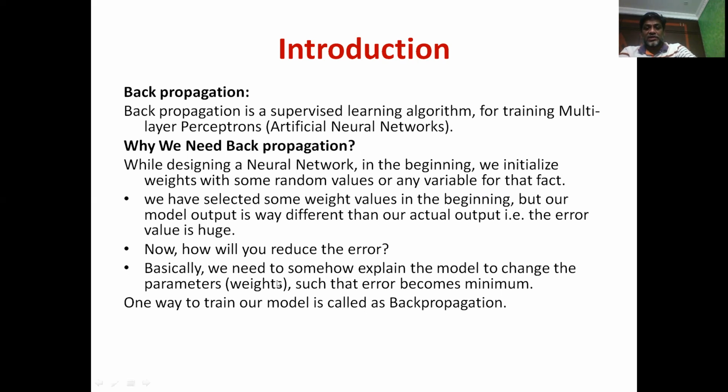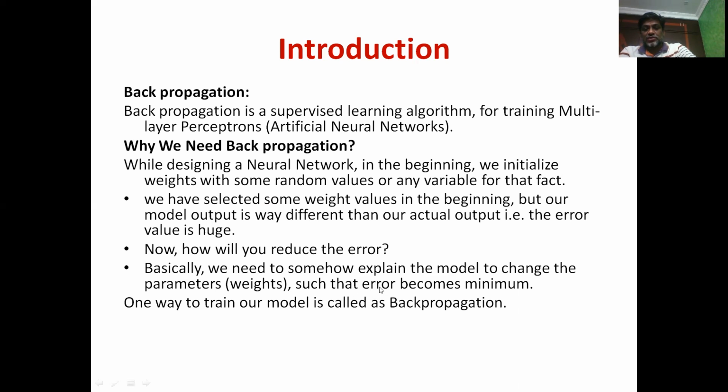To reduce this error, we need to change the parameters, that is, the weights of the model, in such a way that the final error term becomes as minimum as possible. This is the general process to train our neural network. Our ultimate goal is to minimize that error term.